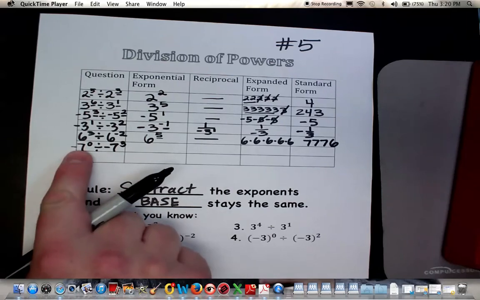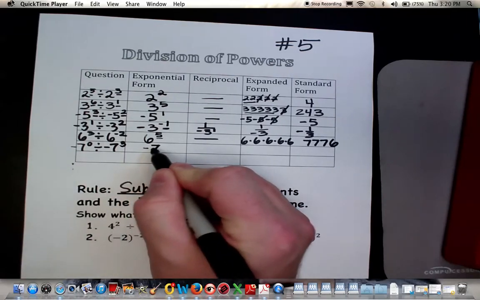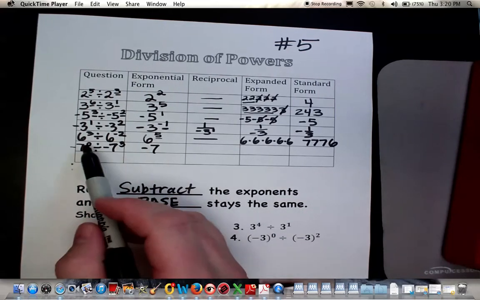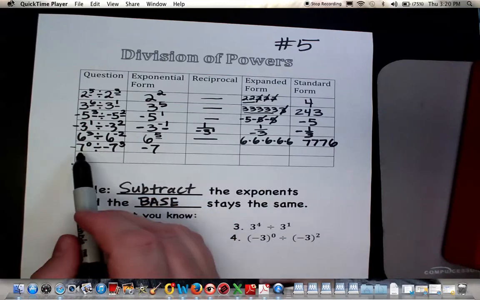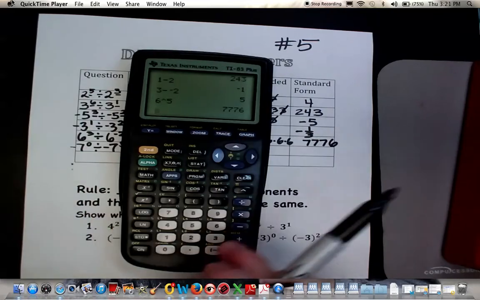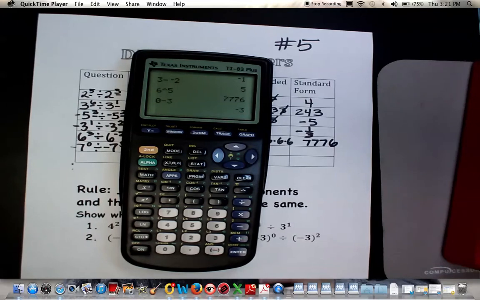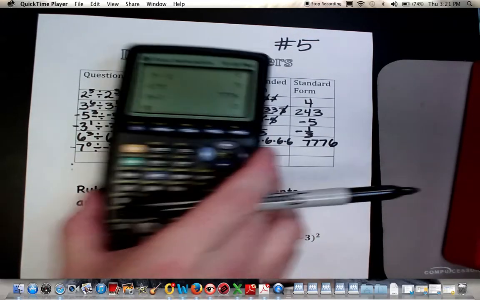So my bases are negative 7. It says I'm going to subtract the exponents. So it's 0 minus 3. It's not 3 minus 0. I'm going to go left to right. 0 minus 3. So I'm going to take 0 and subtract 3. Use the calculator if you need help on those. Negative 3 is my new exponent.